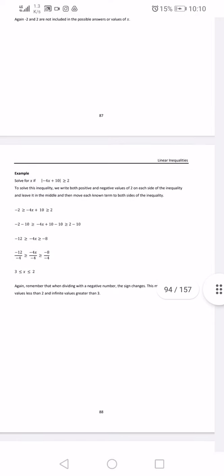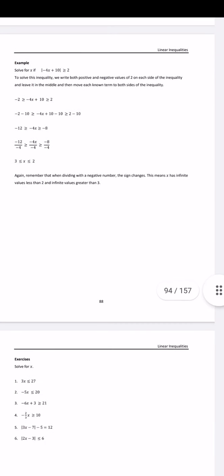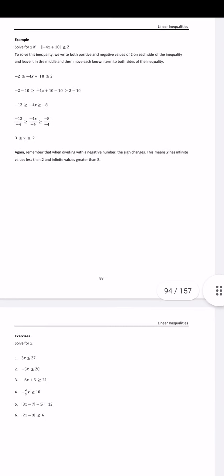Right, let us look at an example here. We have an example that says solve for x if the absolute value of 4x plus 10 is greater than or equal to 2. We are saying the absolute value of that is greater than or equal to 2.